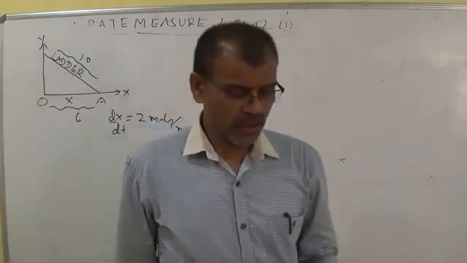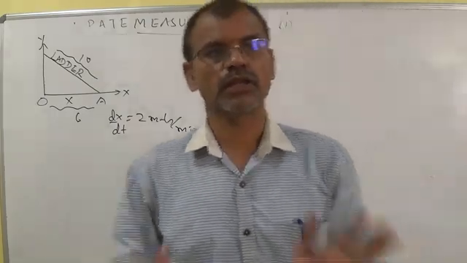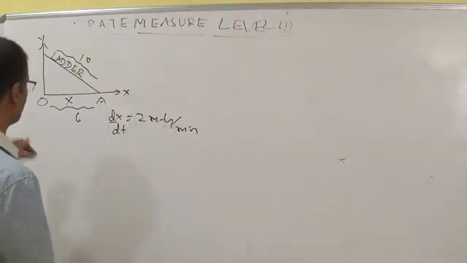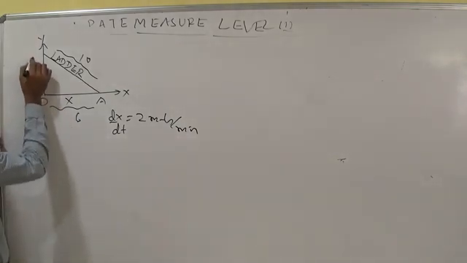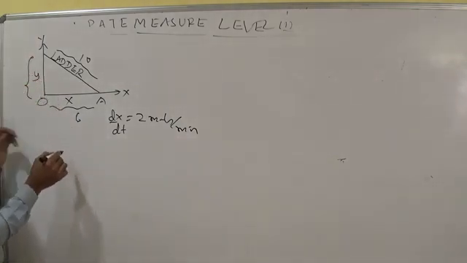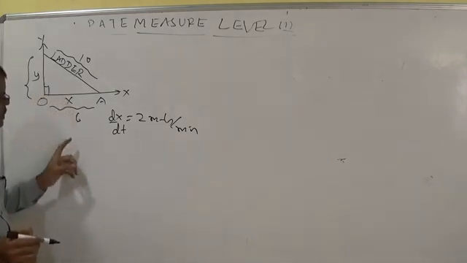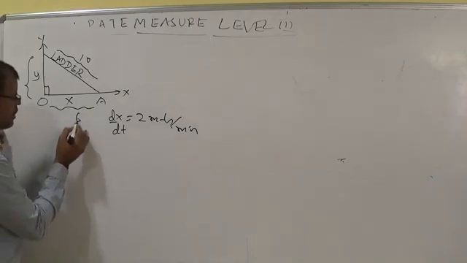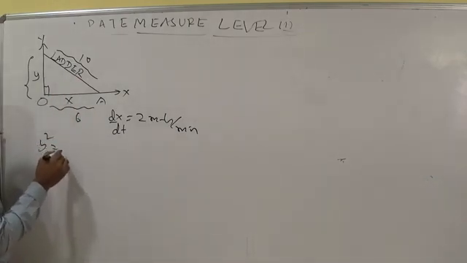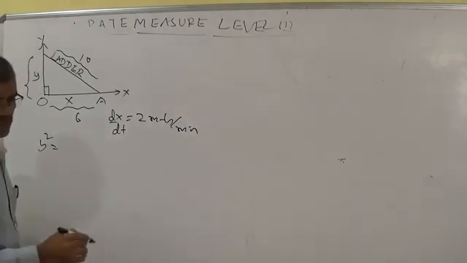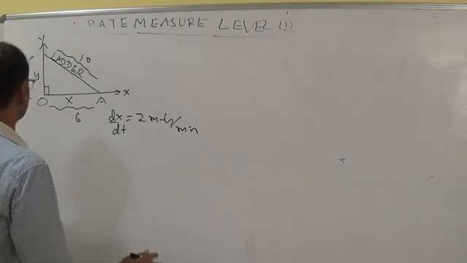Then the area of the triangle, the rate of increase of the area of the triangle, we have to find out. Let it be y, it was not given to us. Using the right angle triangle Pythagoras theorem, this is 6 he gave and this is 10 he gave. So we write the formula, Pythagoras theorem: x square plus y square is equal to 10 square.